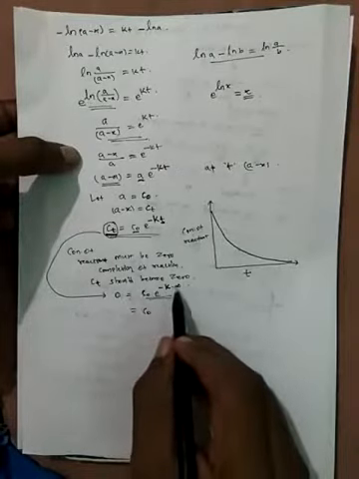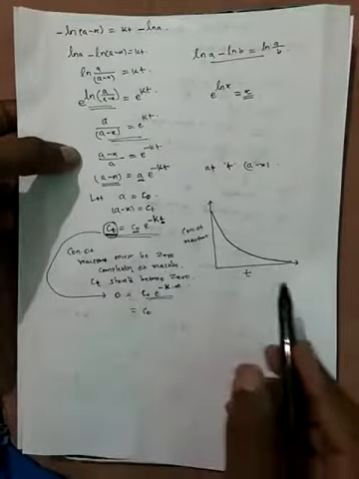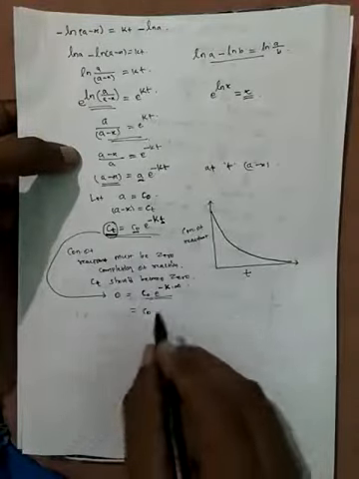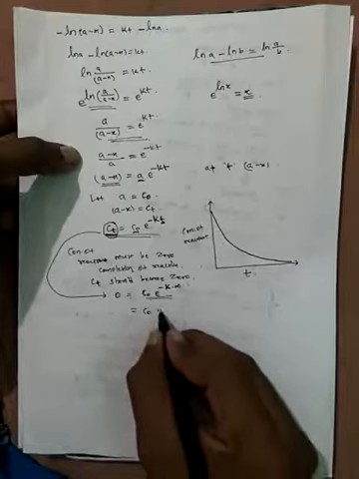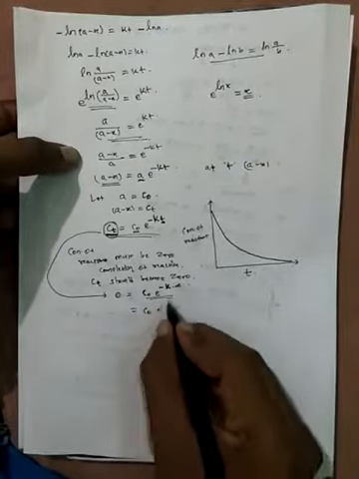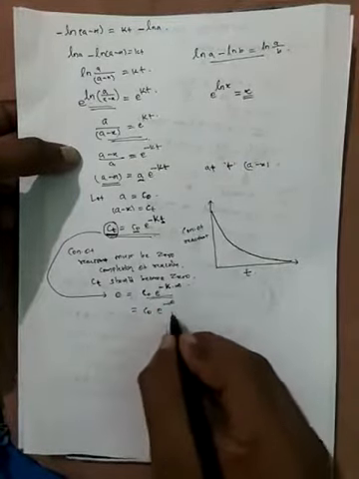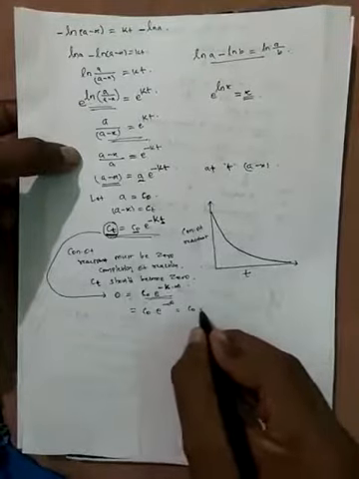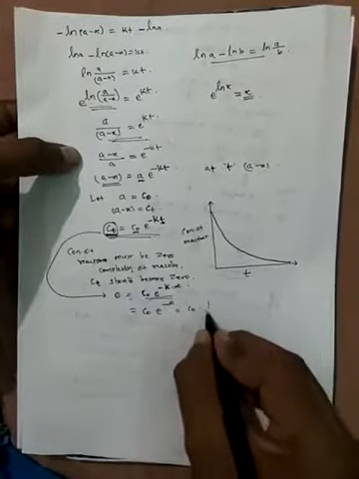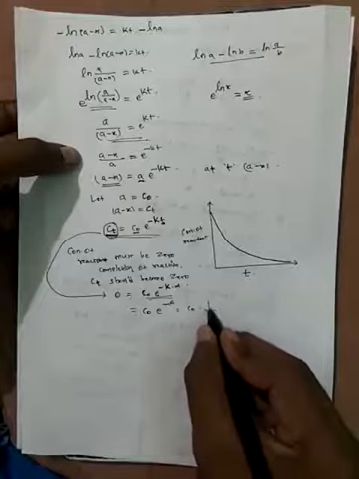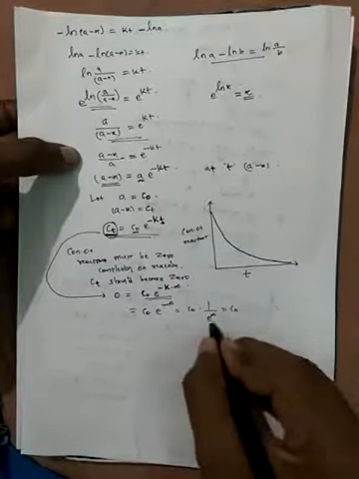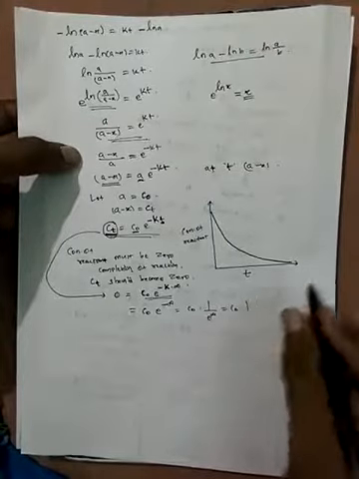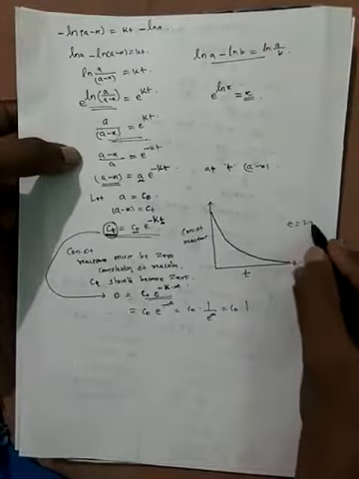So if I substitute infinite for the time t, then I will get 0. Anything multiplied with infinite is infinite, so C0 into e power minus infinite. I can write it as 1 by e power infinite. So C0 times 1 by e power infinite.